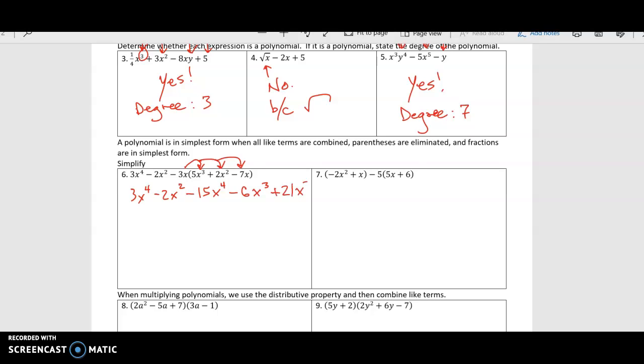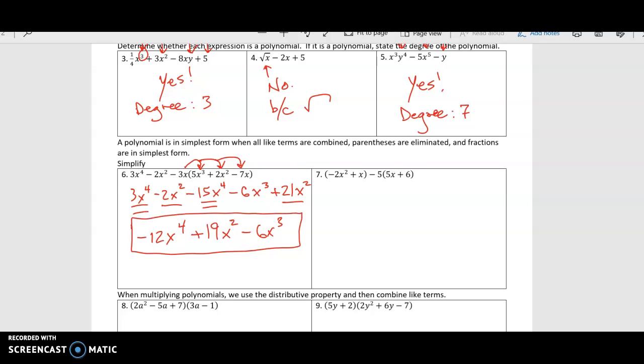And we're going to add 1 and 1. Now we need to combine like terms, which would be these and these. Okay, that's in simplest form.